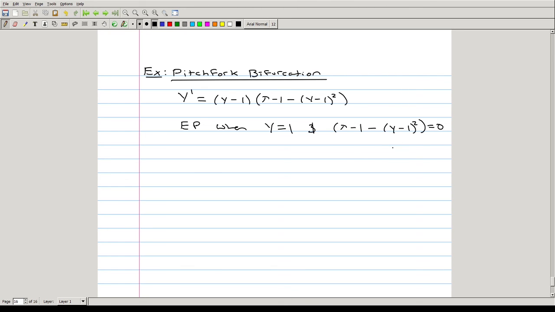And this equation only has solutions when lambda minus 1 is positive, or when lambda is greater than or equal to 1.